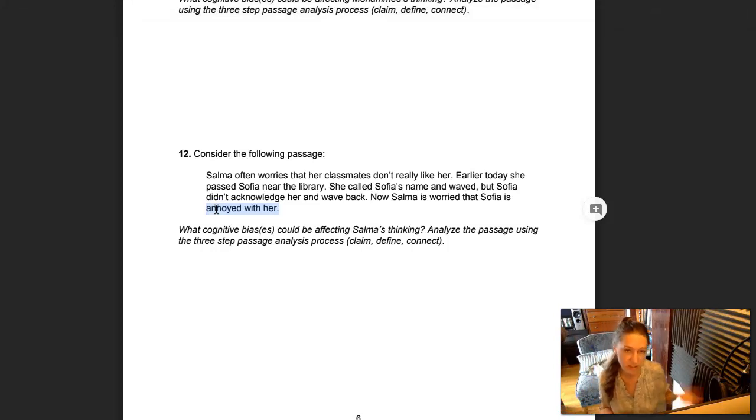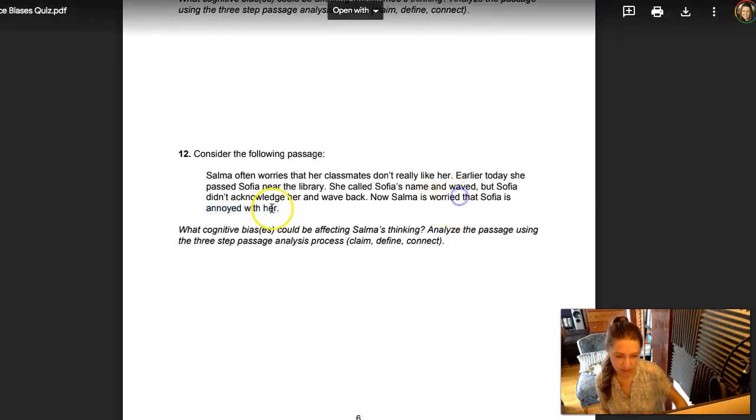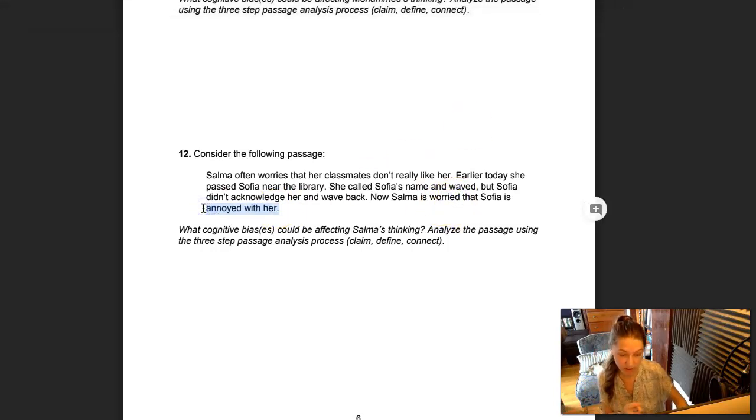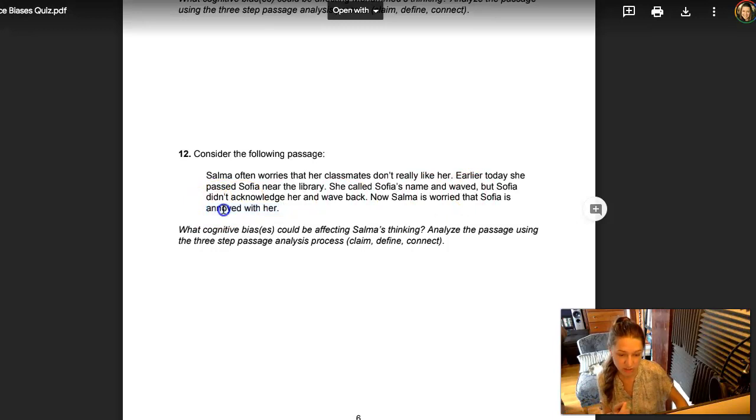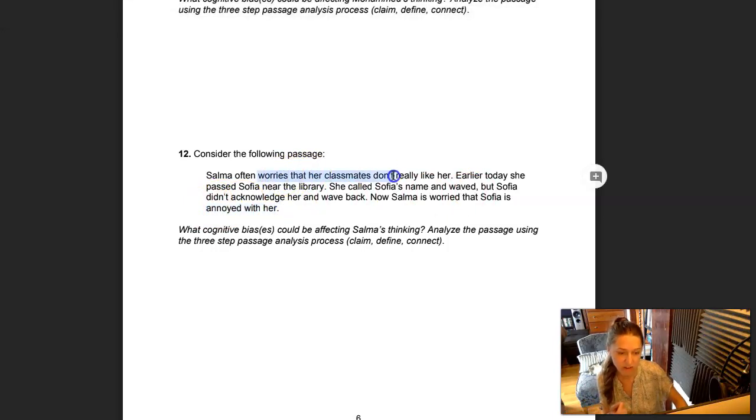The other one didn't, so that wasn't the interpretation we went with, right? So that's going to be a good fit. She's interpreting information in a way that, as Sophia being annoyed when there's another interpretation possible, and this interpretation fits her pre-existing belief that her classmates don't really like her. That's connecting the details to the essential parts of the definition.